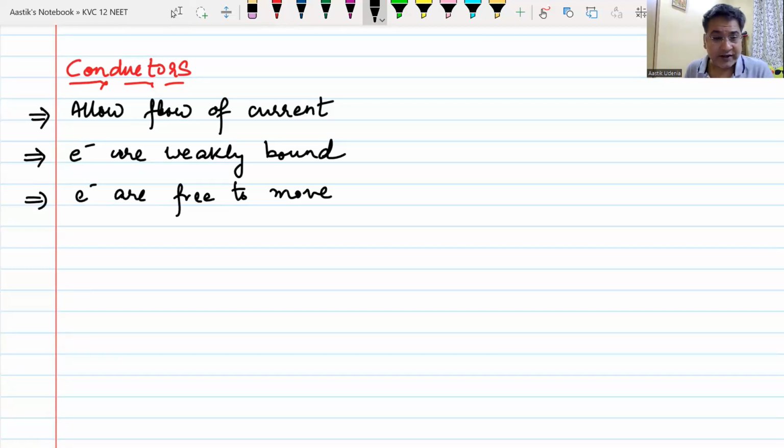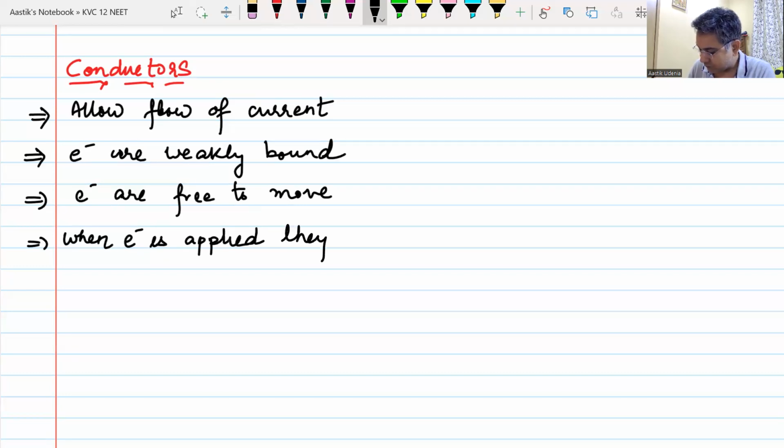So whenever you apply an electric field, the electrons will start to move. In which direction will the electrons start to move? Same direction as the electric field or opposite direction to the electric field? When the electric field is applied, they move opposite.